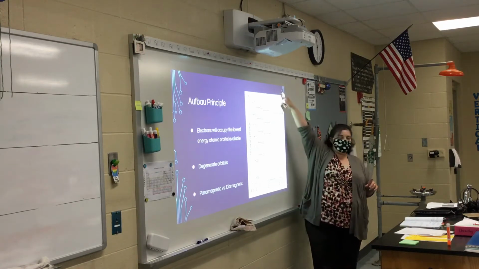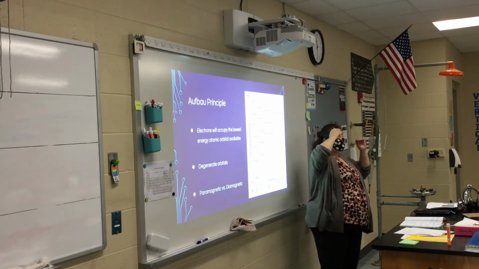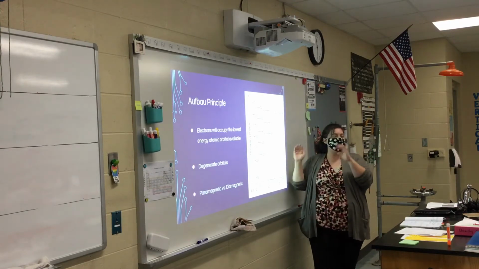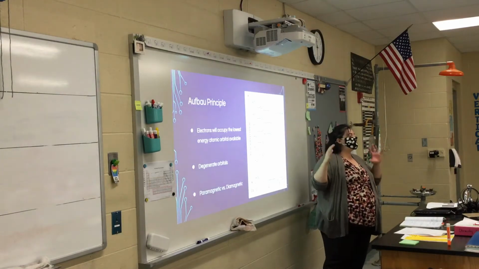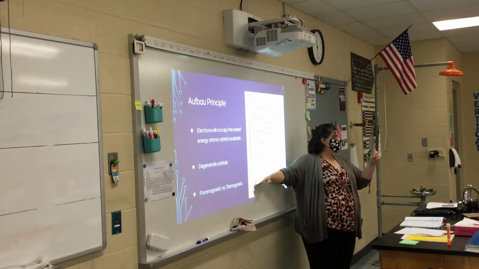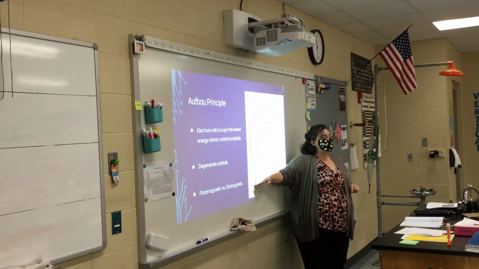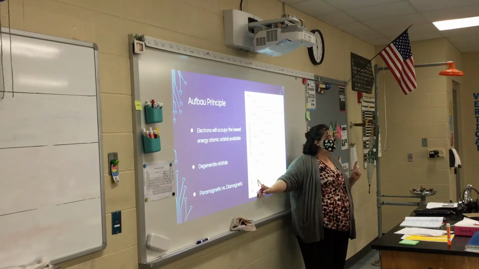And here are the F orbitals. And this is just oriented so that we have them in order of energy. So the lowest possible energy orbital that we have is an S orbital, and it is in energy level 1. So this number here represents the energy level. That's our N value, the principal quantum number.